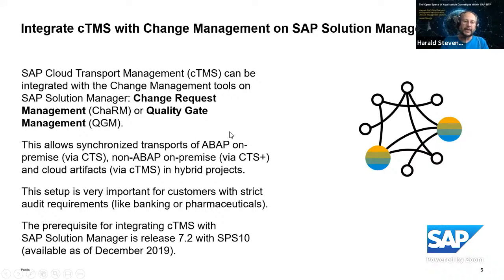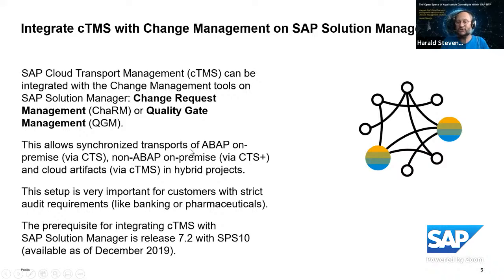What I should also mention is that inside the change document, you can not only use classical ABAP transports with the CTS, you can also use non-ABAP on-premise transports, say coming from your PI/PO system, which are connected via CTS Plus inside your Solution Manager system. What is not yet possible is the combination with the very new gCTS transports inside your on-premise system.